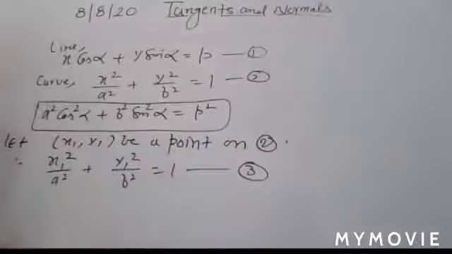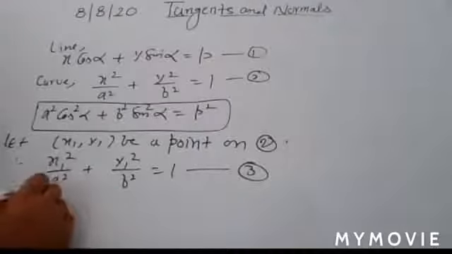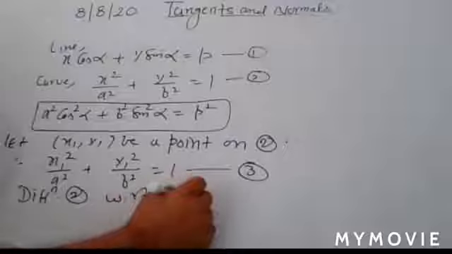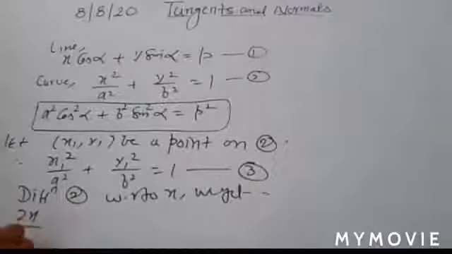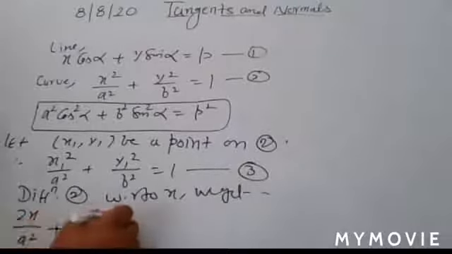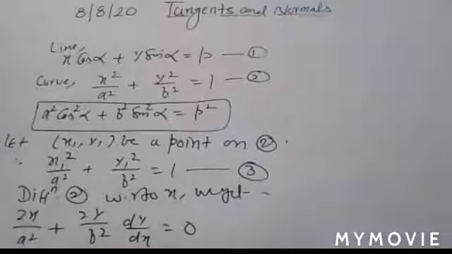That is your third equation. Now differentiating 2 with respect to x, we get 2x upon a square plus 2y upon b square into dy by dx is equal to 0.